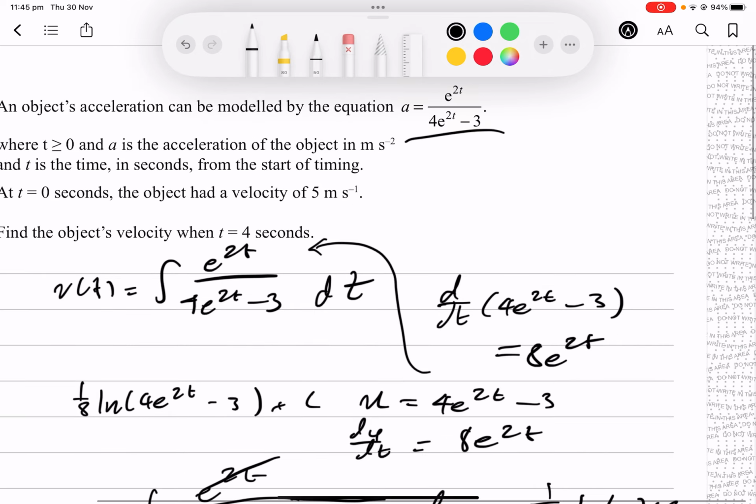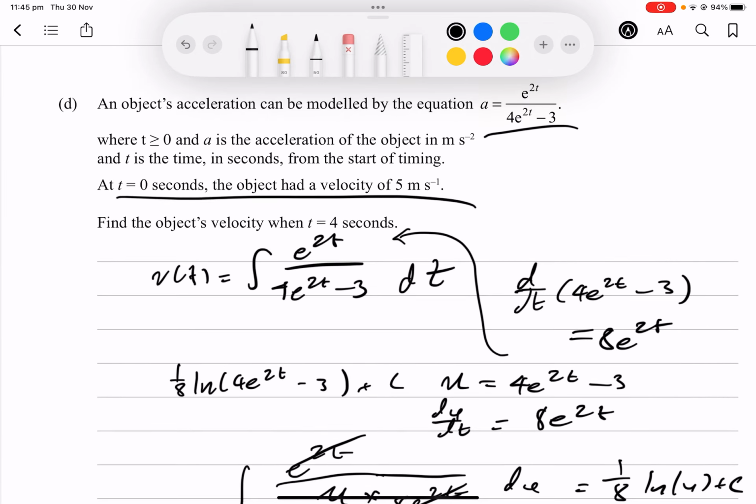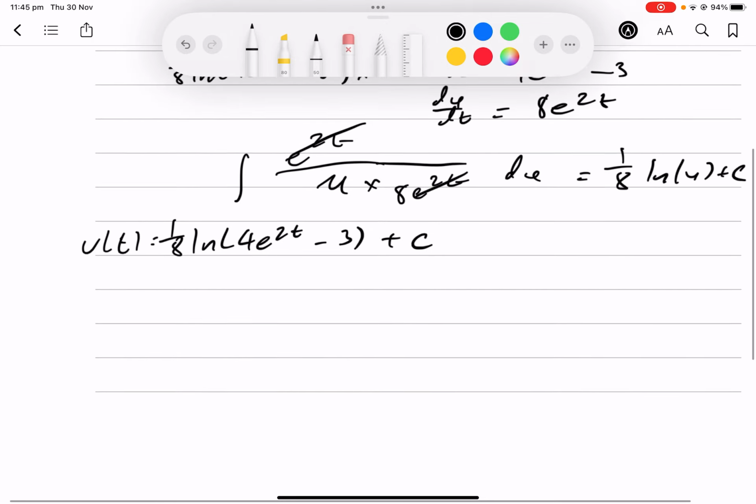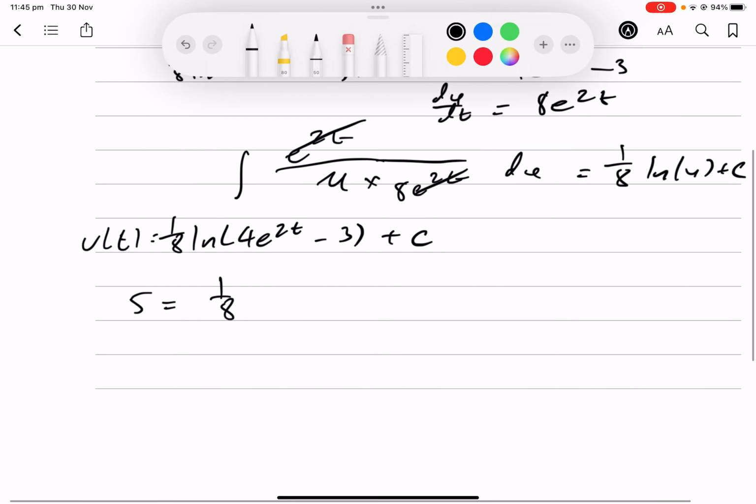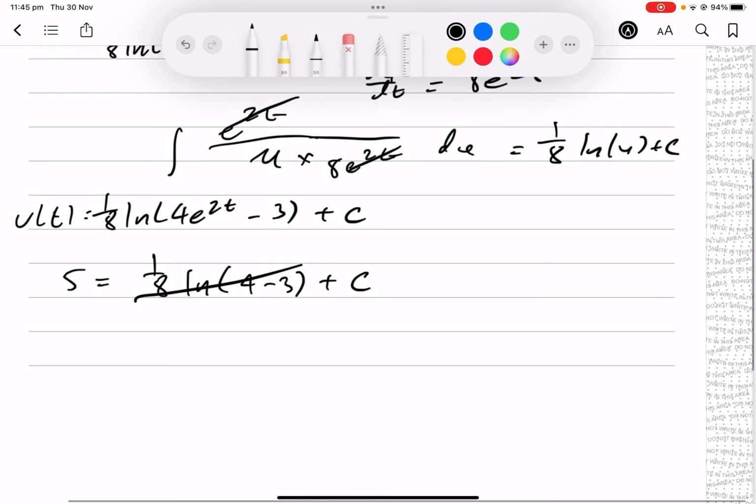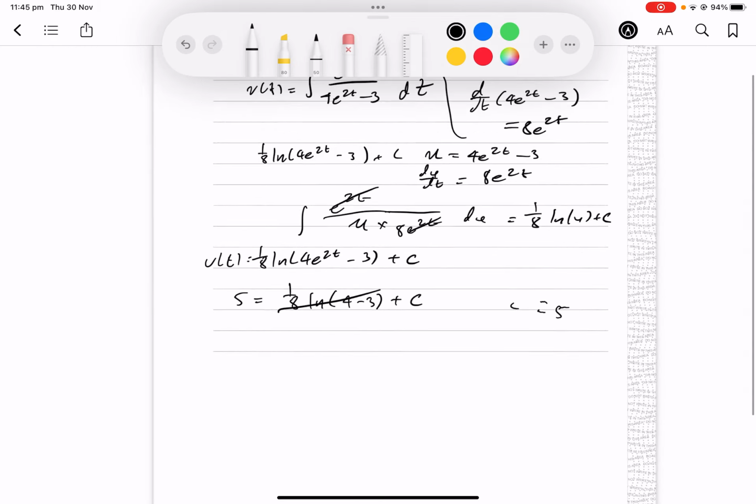And to find the value of c, we plug in our initial condition. So t equals 0, v equals 5. So 5 equals 1 on 8 ln of 4 minus 3, that's ln of 1, which is 0, plus c, so that's 0, bye-bye. So c equals 5, cool.